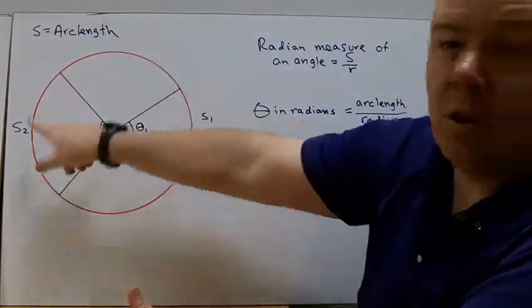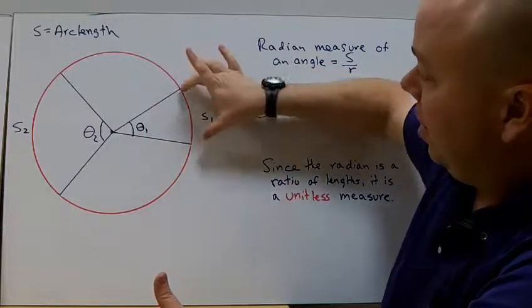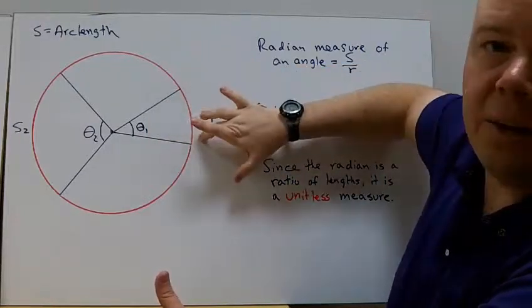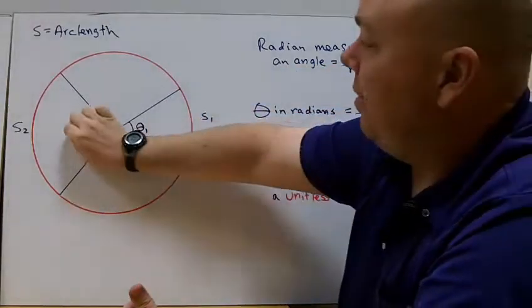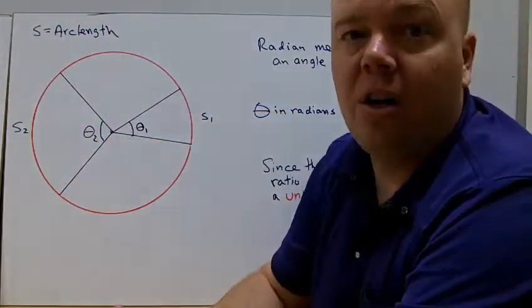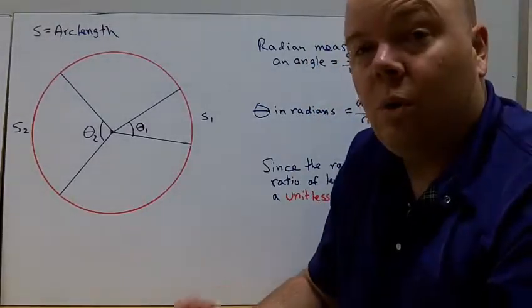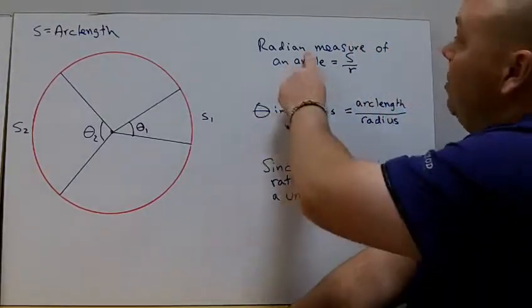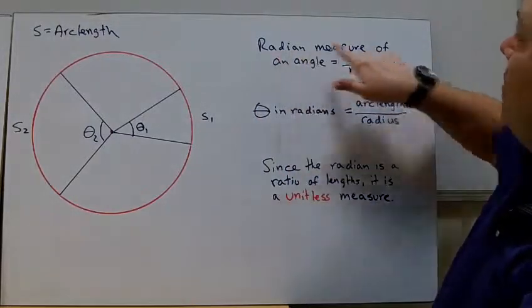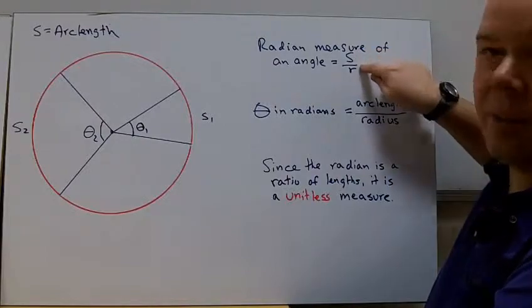If you have the same circle and you have an angle here, it'll make an arc length here, whatever it is. If the angle is bigger, it naturally is going to make a larger arc on that circle. So what we're going to define is a radian measure of an angle is equal to the arc length divided by the radius.